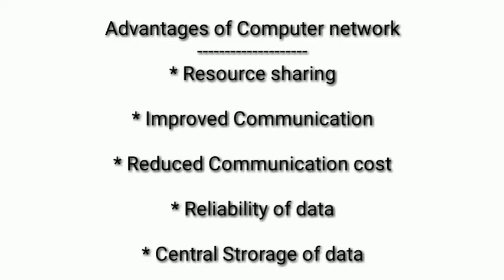Next advantage is reduced communication cost. We already discussed resource sharing. For 10 or 15 computers, one printer or one scanner is enough, because we can share that particular printer or scanner for the entire computer system. Sharing resources also reduces communication cost.